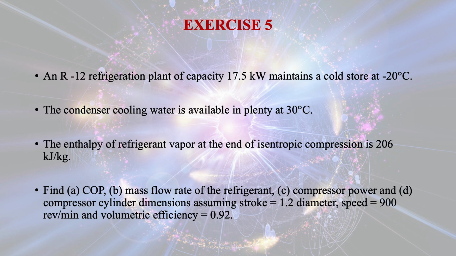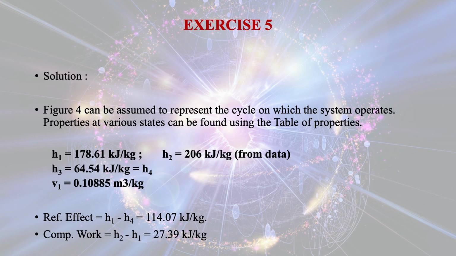Find the COP, the mass flow rate of the refrigerant, the compressor power and the compressor cylinder dimensions, assuming stroke is equal to 1.2 times diameter. Speed is given as 900 revolutions per minute and volumetric efficiency is 0.92. Figure 4 can be assumed to represent the cycle on which the system operates.